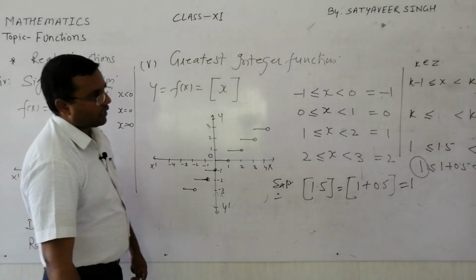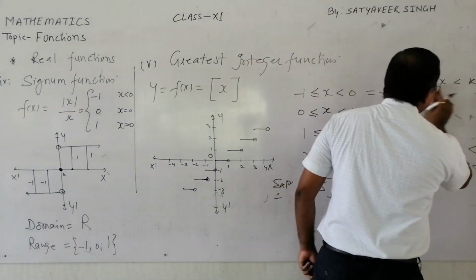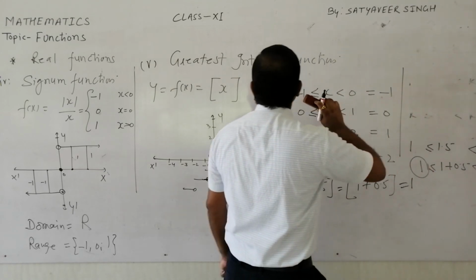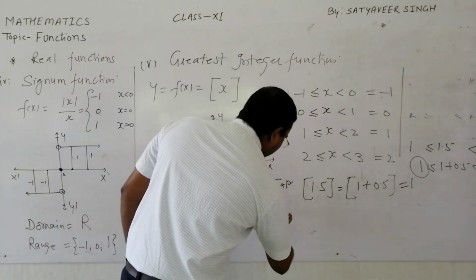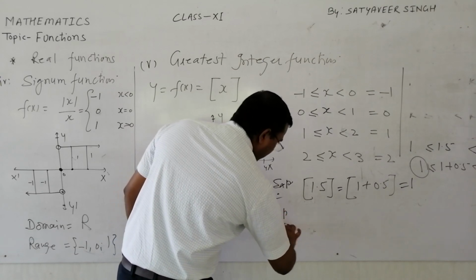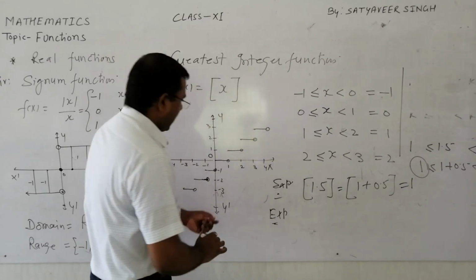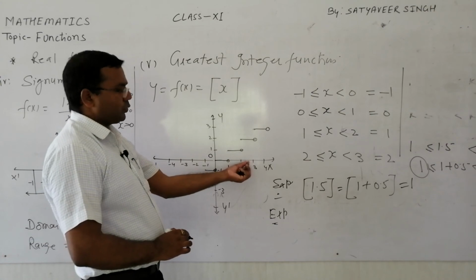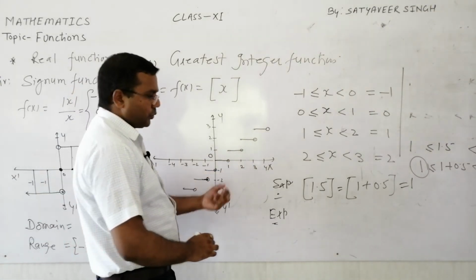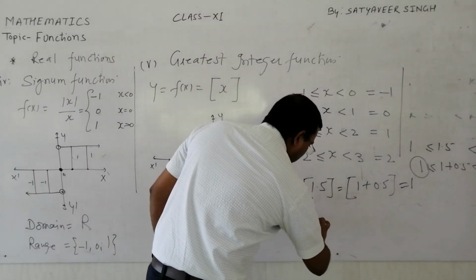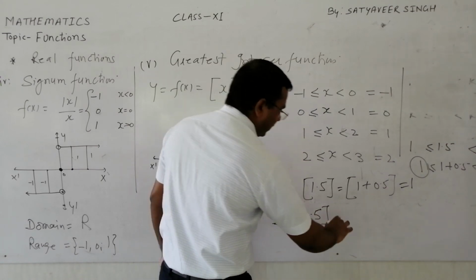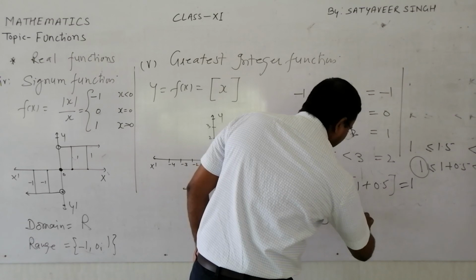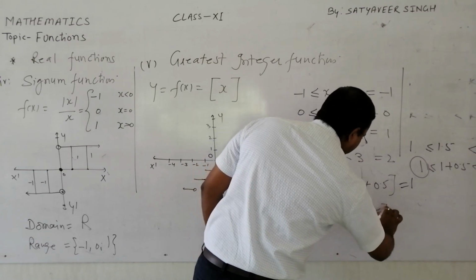One more example I am taking. Suppose I am taking some number like 2.5. In the greatest integer function, 2.5 you can further write as 3 minus 0.5.